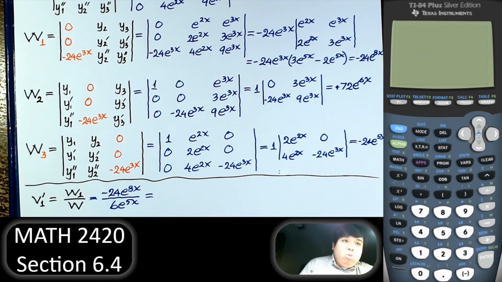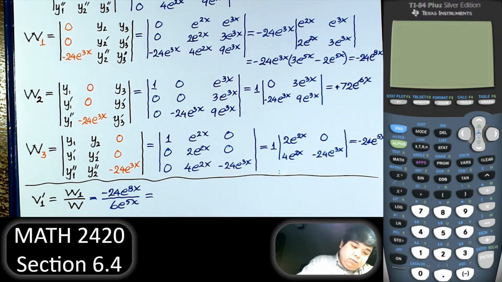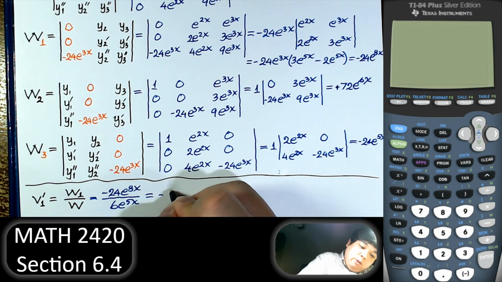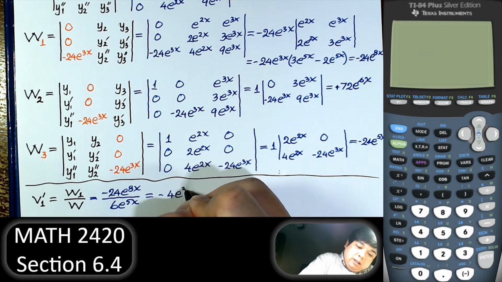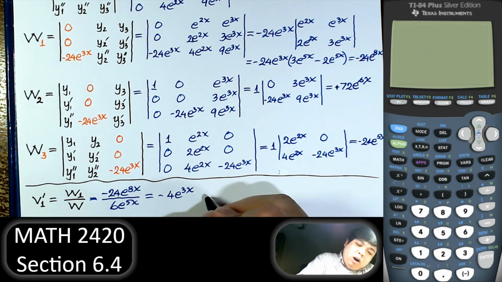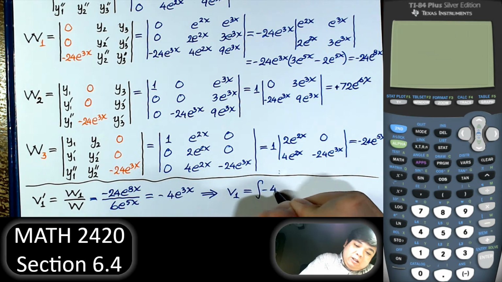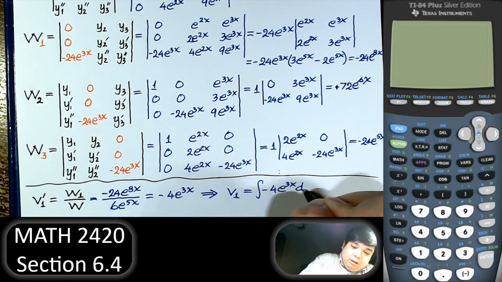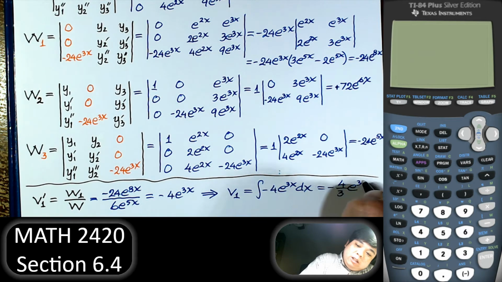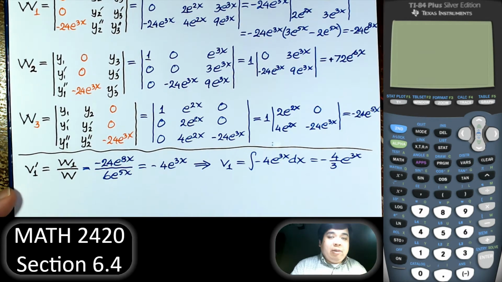Evaluate that, gives us negative 4e^(3x). Right, so that is v1 prime. So to get back to v1, just integrate. And we have negative 4 over 3 e^(3x). Yeah, for variation of parameters, we don't need a constant C, so we just have that.